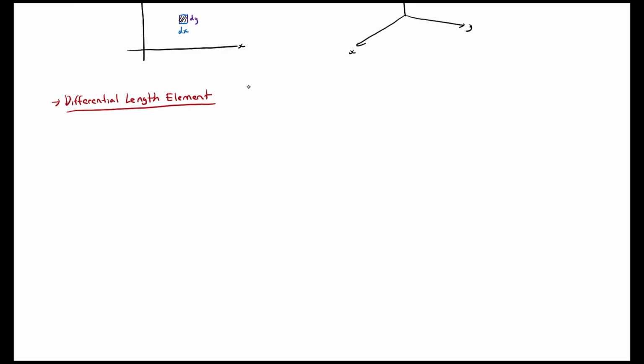So a differential length element is called dl and defined as dl is equal to some sort of tiny step taken in the x direction plus some sort of tiny step taken in the y direction and another baby step taken in the z direction. So it's very similar to how we represented the vector from before, but we now have baby steps taken in the x, y, and z directions to create a little tiny length element.